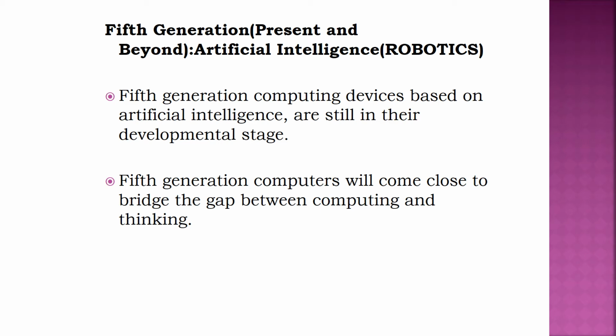The fourth generation, from 1971 to present, introduced the microprocessor. The fifth generation is the present and upcoming years, and we are still in the development stage. These are the different generations in the technology of computers.